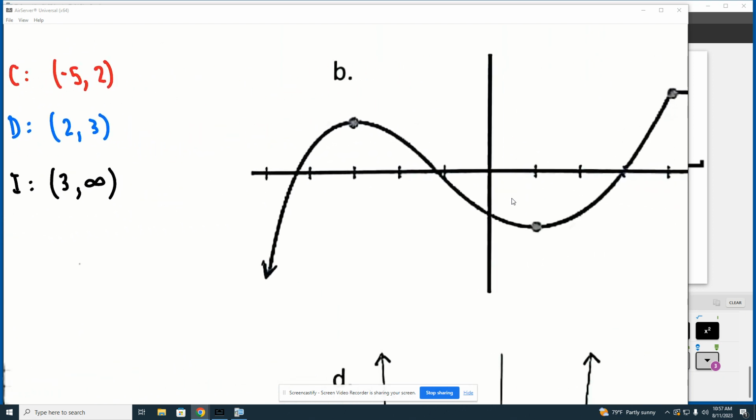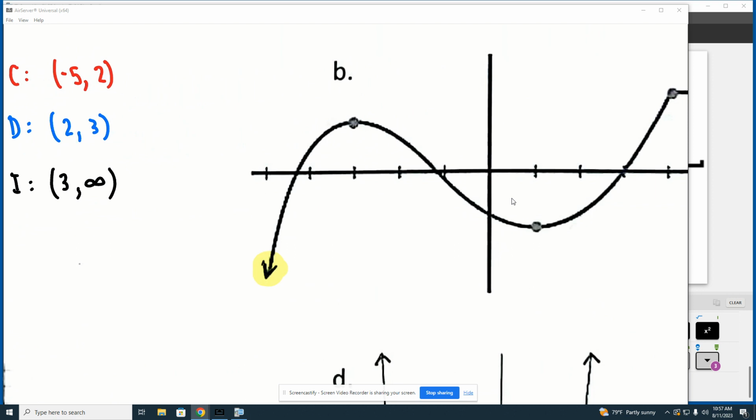Again, we're looking at this from left to right, aren't we? You're reading this graph. What's it doing right off the bat? You sure? Now, a lot of times, this is a common mistake. We look at this, and that arrow looks like it's going down.